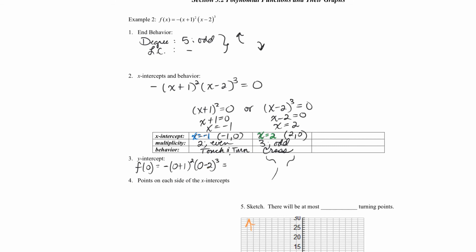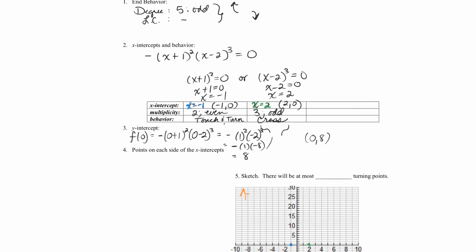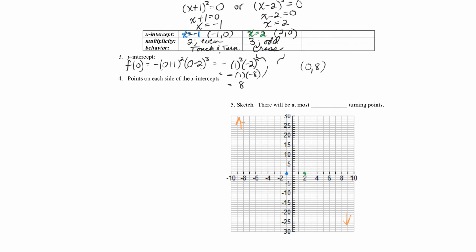You can also type this into your calculator. 1 squared is 1, negative 2 cubed is negative 8. So the opposite of 1 times negative 8 is positive 8. So my y-intercept is going to be at (0, 8). I'll go ahead and plot that point as well. Zero, let's see, 5, 6, 7, 8 right here.